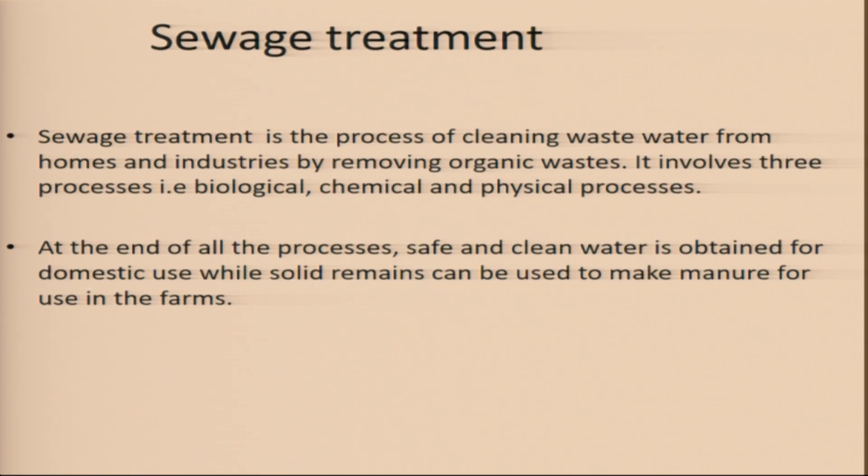So as they do screening, as they do filtering, they remain with those solid things. Those solid things that remain are not useless. They are also used for manure in your farms. So they gather them somewhere, then they collect them with vehicles and take them to farms as manure, all right?